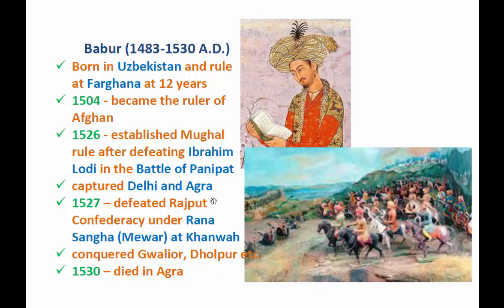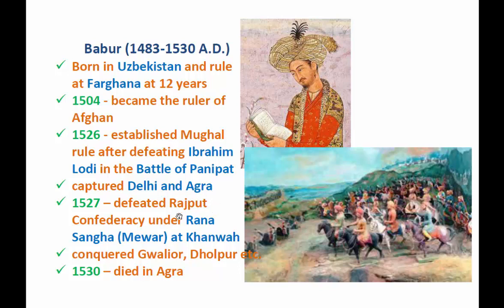After defeating Ibrahim Lodi, the Sultan, he captured Delhi and Agra. In 1527 he also defeated the Rajput Confederacy. The Rajputs and some other minor kings formed a group and were attacked by Babur, and they were defeated.